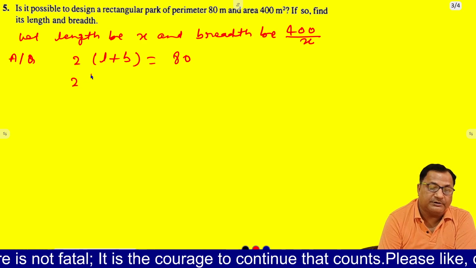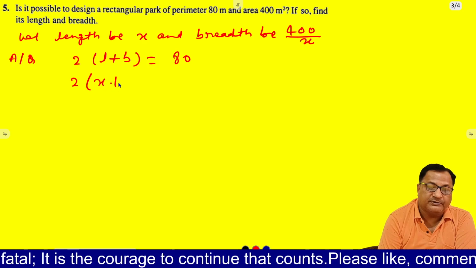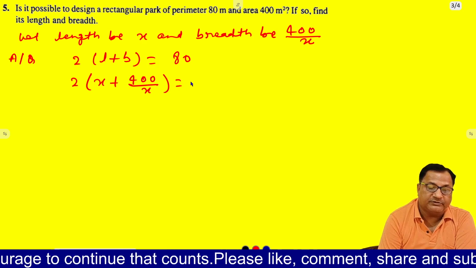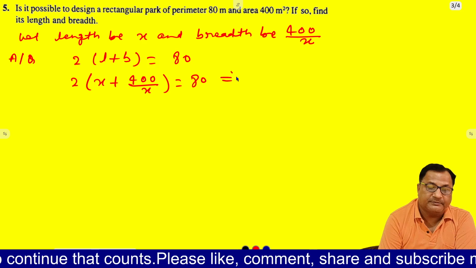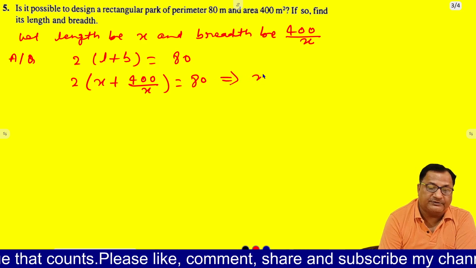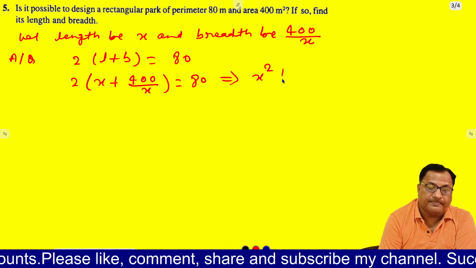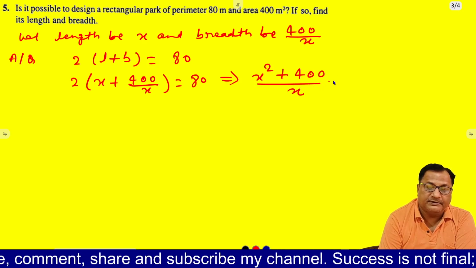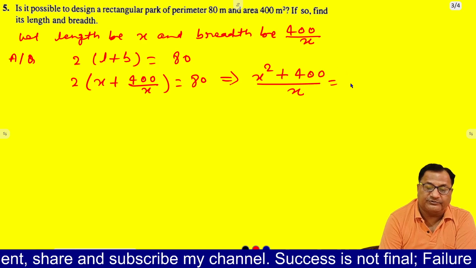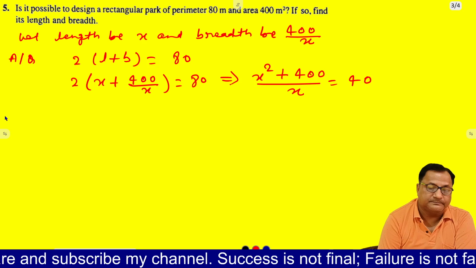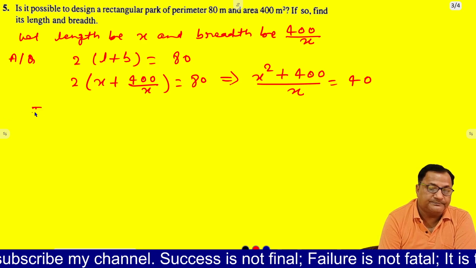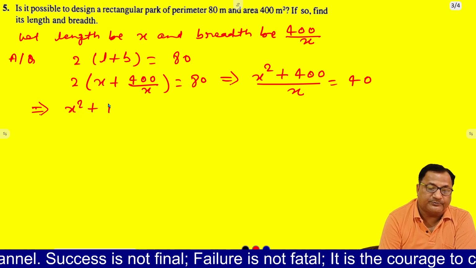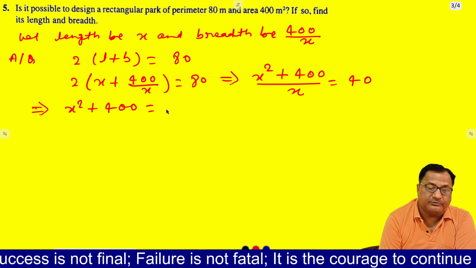So 2 into (L, which we suppose is x, plus breadth, which is 400 by x) equals 80. Dividing by 2, this will be (x square plus 400) divided by x equals 40. So x square plus 400 is equal to 40x.